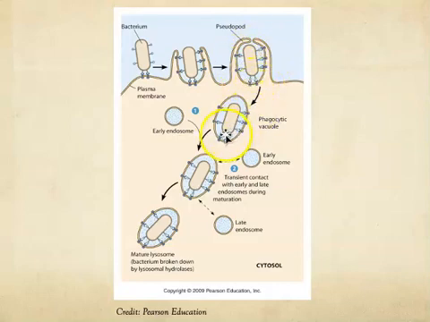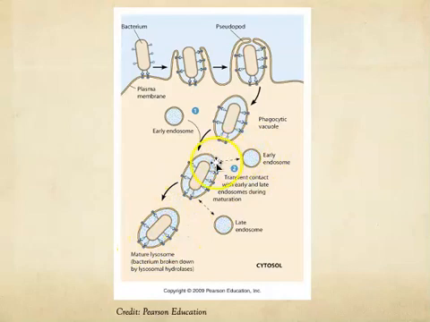That transport vesicle, or what we more specifically call a phagosome, or a phagocytic vacuole, that's going to come into the cell. That's going to bind with an early endosome and become this newly formed thing that we're going to call a late endosome. And then that late endosome is going to mature into a lysosome, and the enzymes inside are going to digest that bacterium.